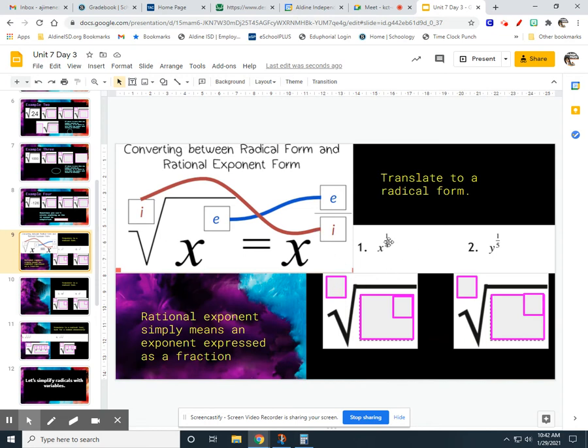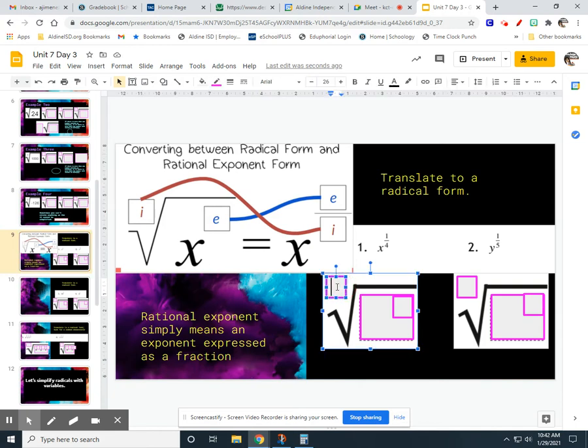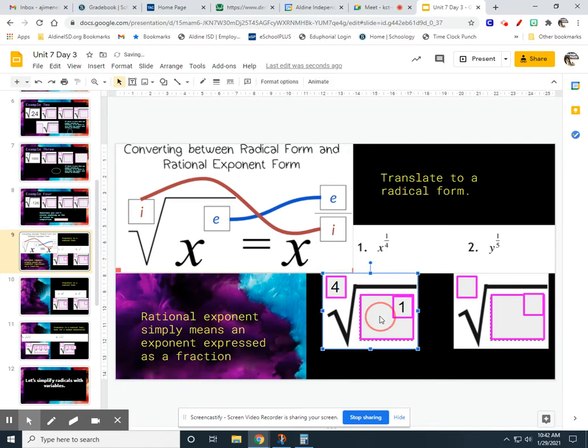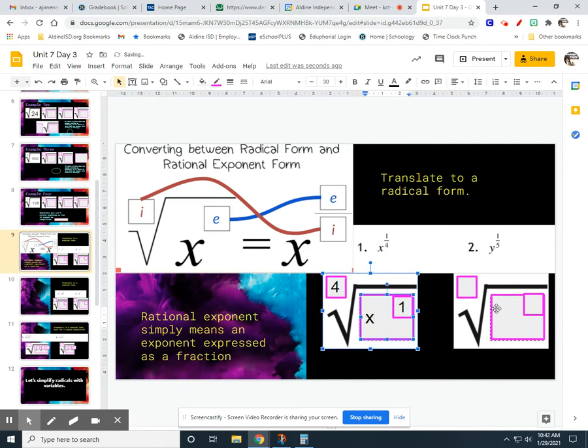Okay, so let's try this one right here. You have 1 over 4, so the index is the denominator, that's 4. 1 is the exponent in the numerator, and then we go x. Here, the denominator is 5, the variable is y, and the exponent is 1.